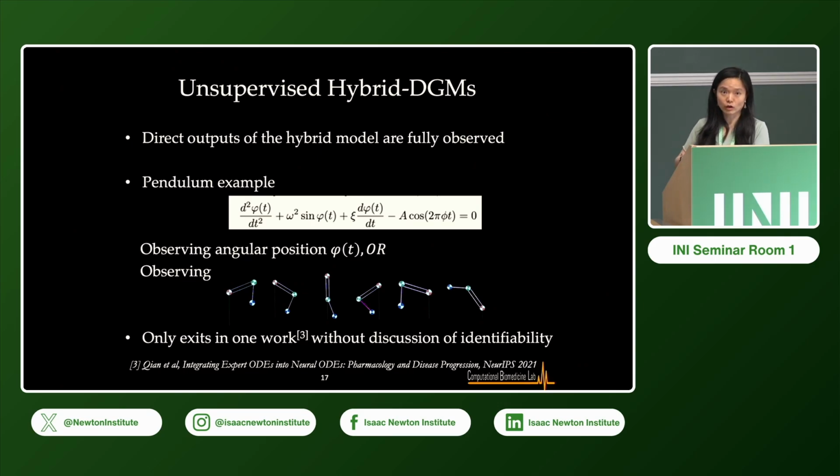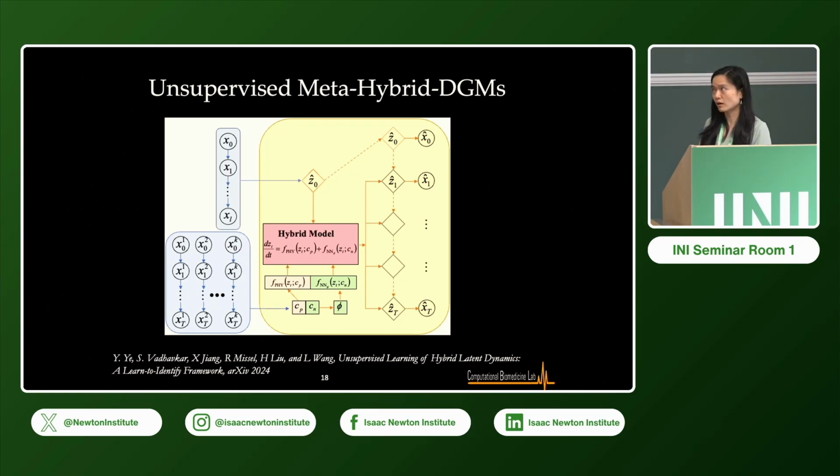In the framework we are establishing, luckily, it's really easy to expand it to accommodate this. In both the encoding and decoding layers, we expand all the way to the observation instead of the direct output of the hybrid model. So the hybrid model becomes a latent model.